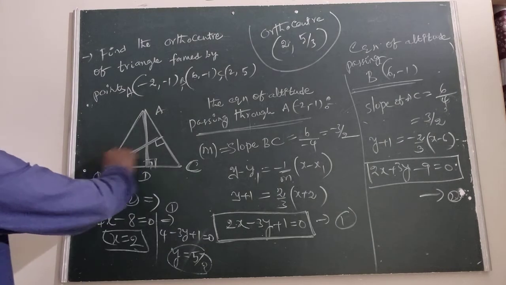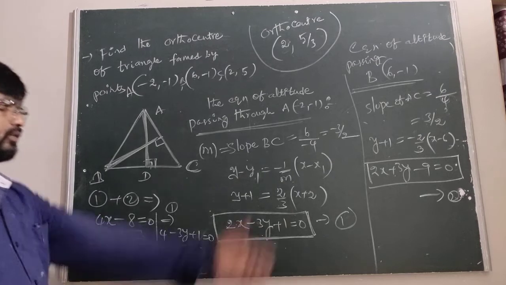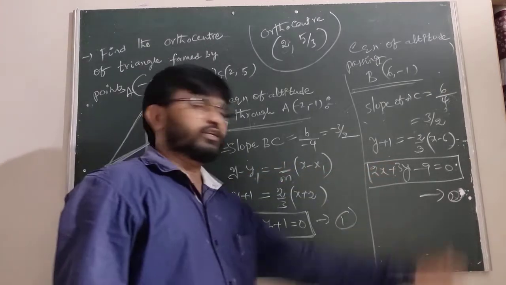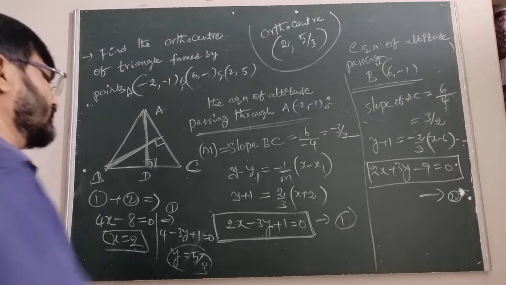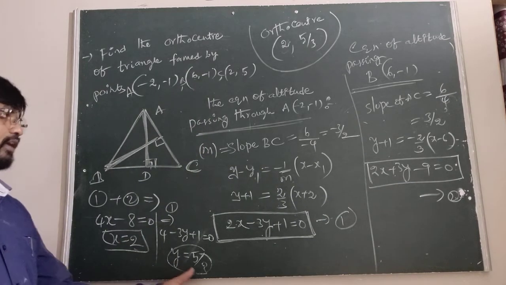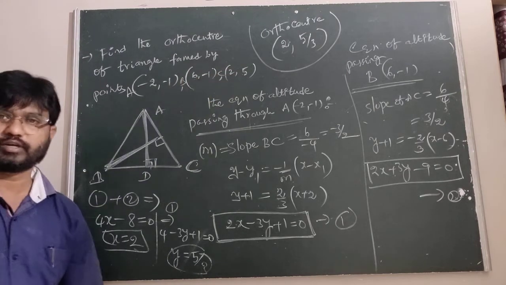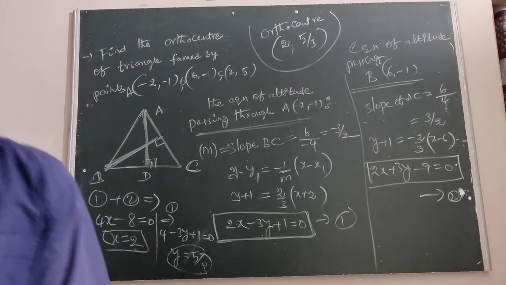Similarly, we find the other altitude through B perpendicular to AC. After solving the point of intersection of 1 and 2, we got x equal to 2 and y value 5 by 3. That is the orthocenter. The point of intersection of the altitudes is the orthocenter. Right.